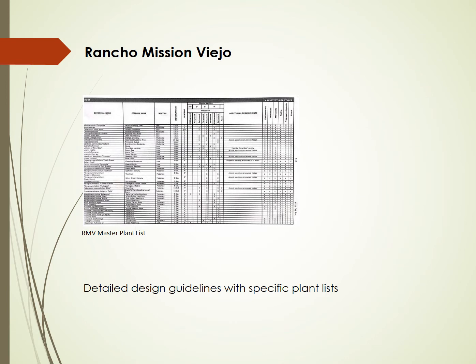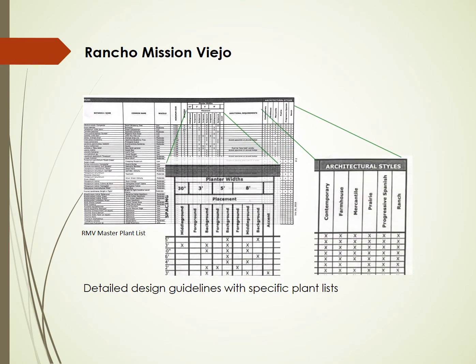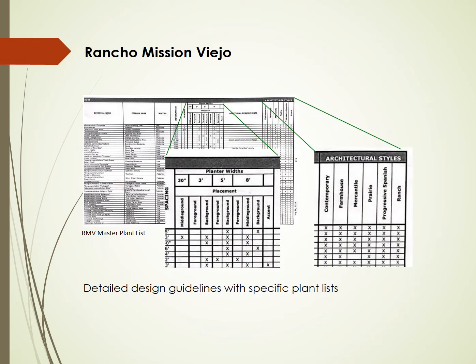Rancho Mission Viejo planned residential community has a very detailed series of plant lists categorized by plant types: trees, shrubs, grasses, succulents, ground covers, and vines, and also by functional plant location: foreground, middle ground, background, and accent.